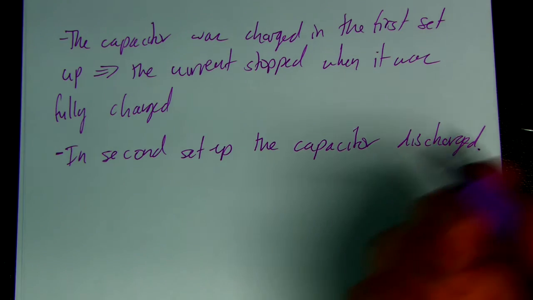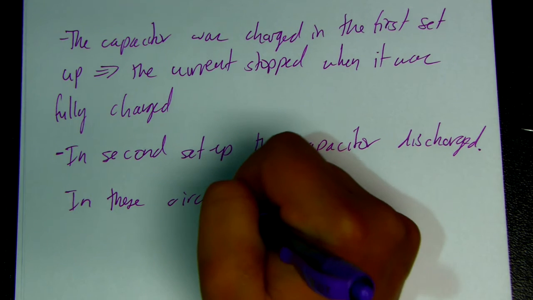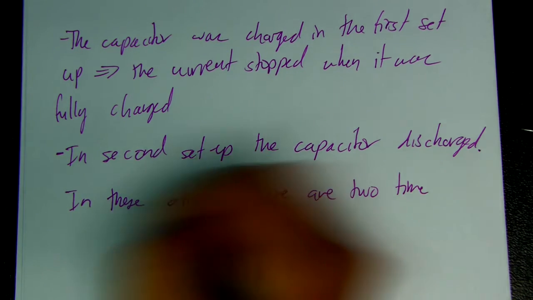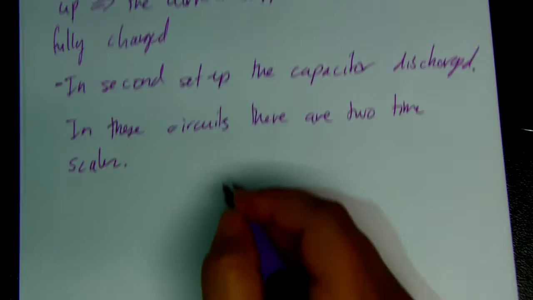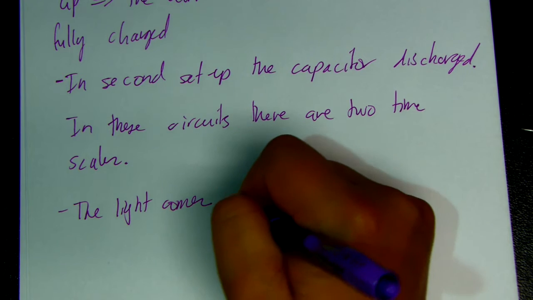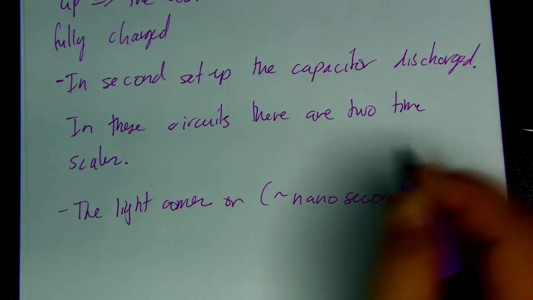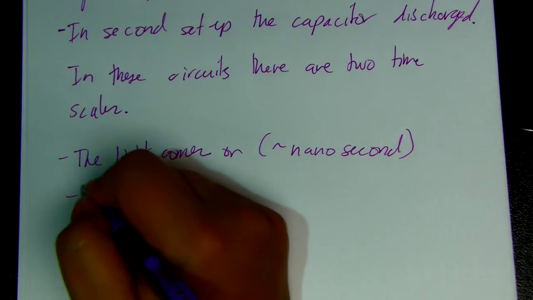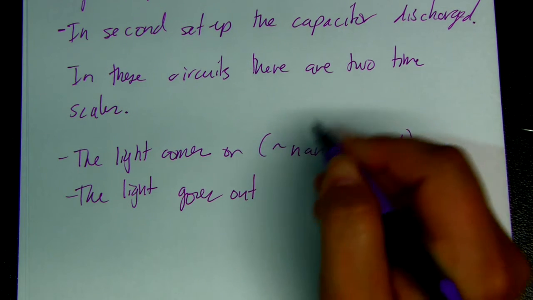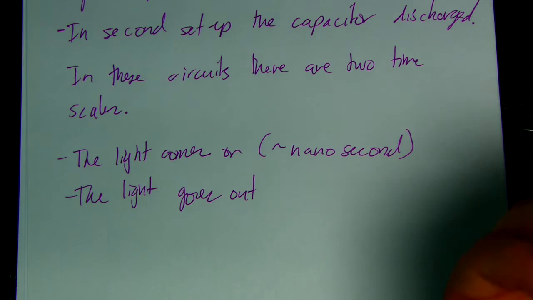So, in both of these circuits, there are two time scales. So the first is the light comes on, which takes nanoseconds. And the second is the light goes out, and this is a time factor we can perceive.